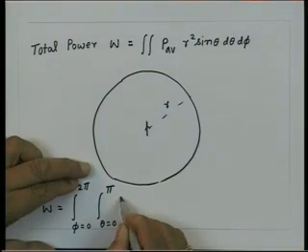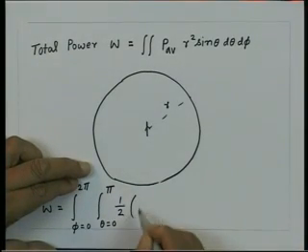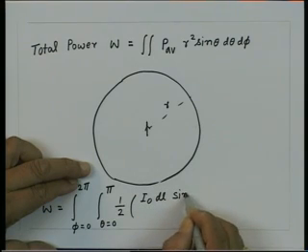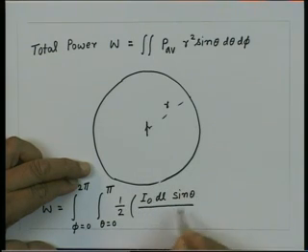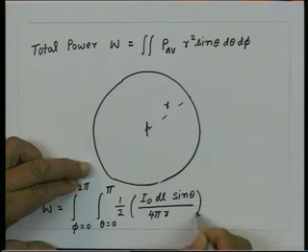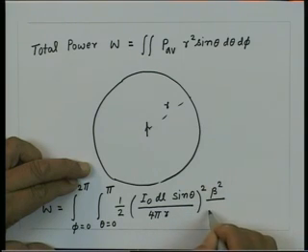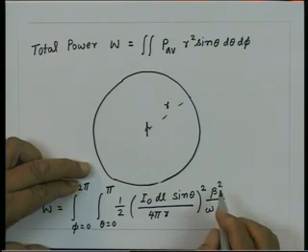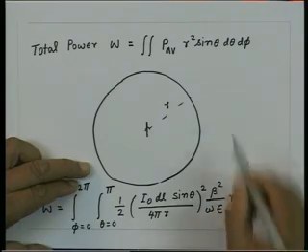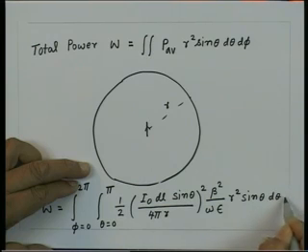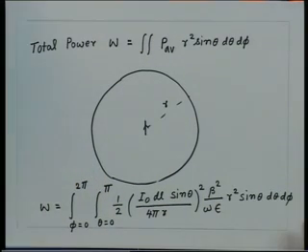So, this will be half, I 0 dL sin theta upon 4 pi r, whole square, beta square upon omega epsilon, r square, this term sin theta d theta d phi.